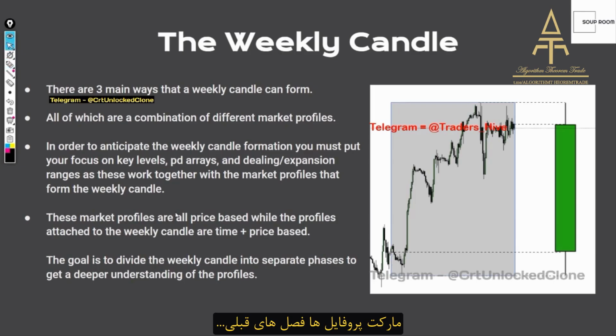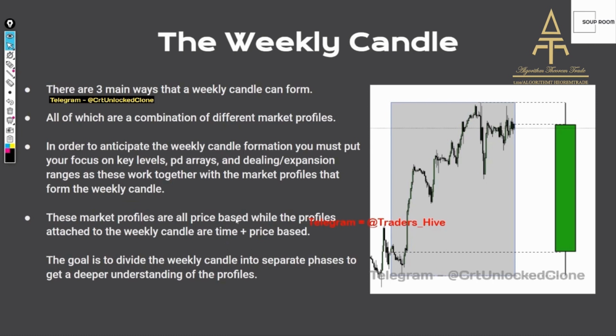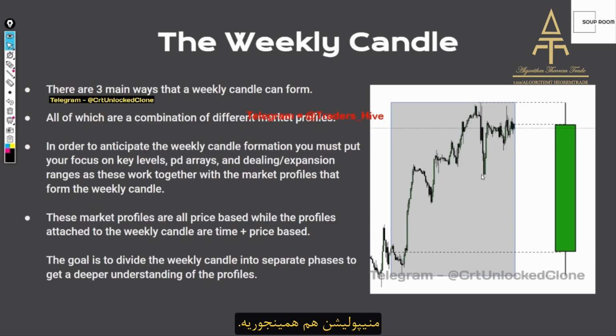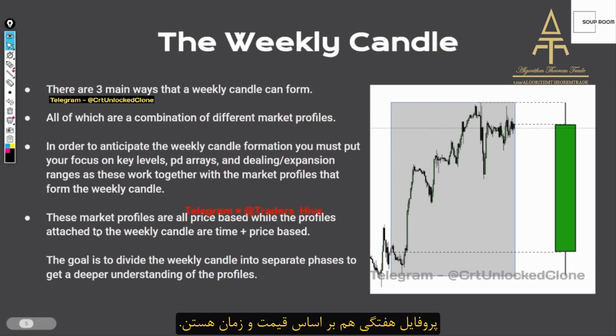The market profiles that we learned about in the previous chapters are based solely on price. That means that when we look for a range, that is solely based on price. When we are looking at manipulation, that is solely based on price. Expansion, price, etc. The weekly profiles, on the other hand, are based on time and price.